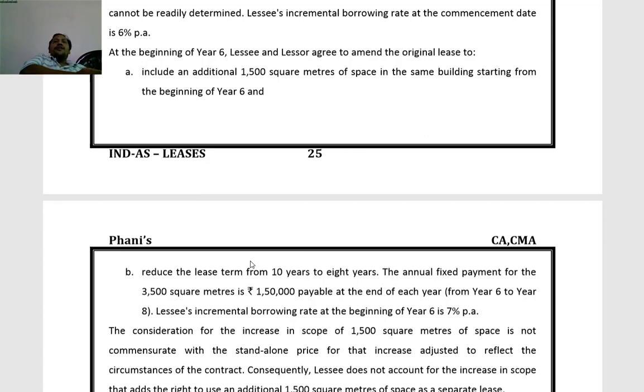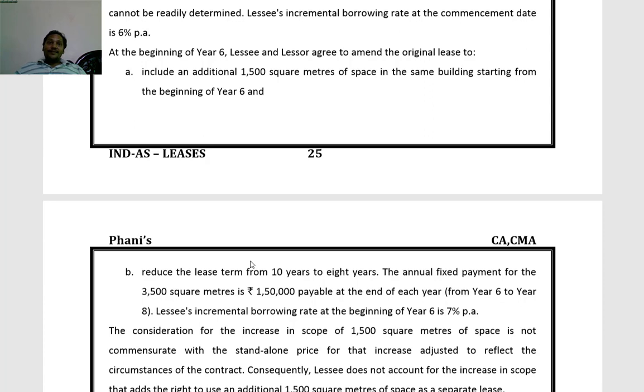Then we will account for it as a separate lease by following initial measurement principles. So whatever the incremental 50,000 lease rent and the period is, we will take that and consider it as a separate lease, just following the initial measurement principles. Anyway, here commensurate increase in consideration is not there. There is no question of treating it as a separate lease.